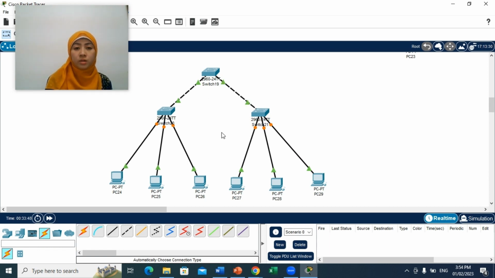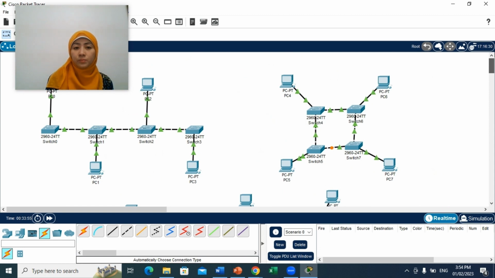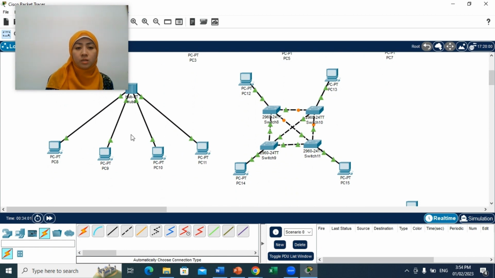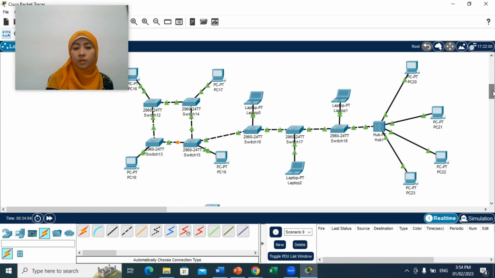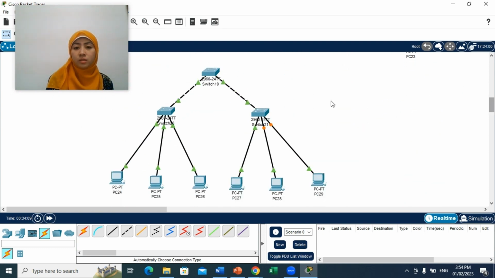We have already our tree topology. Just a recap. Now we have our bus topology, ring topology, star topology, mesh topology, and hybrid topology. And lastly, our tree topology.